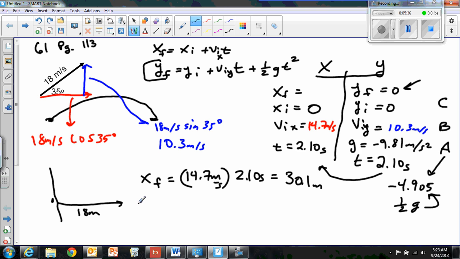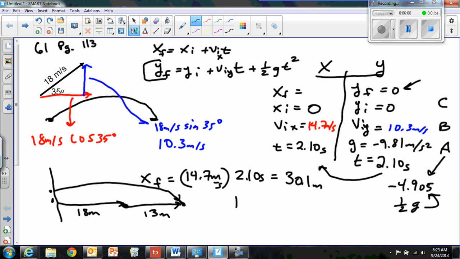So if we subtract that, 30.1 minus 18, I get 13. So right here's where he is right now. He's going to have to go another 13 meters to get to where the football is thrown by the quarterback, so that he catches it. So how far does he have to go?